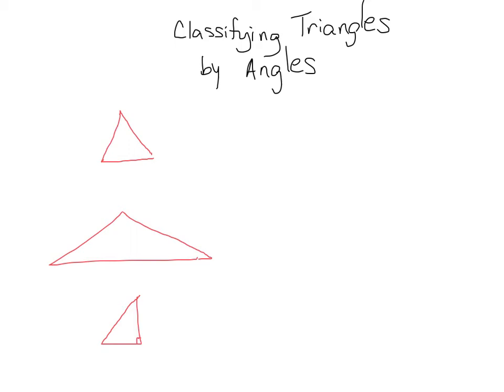Alright, so what's the largest angle in my triangle? So in the first case, the largest angle looks like it's over here, and it is less than 90 degrees, which means it is an acute angle. You may remember that word, acute, meaning less than 90 degrees. So because our largest angle is less than 90 degrees, that means our triangle is also named acute.